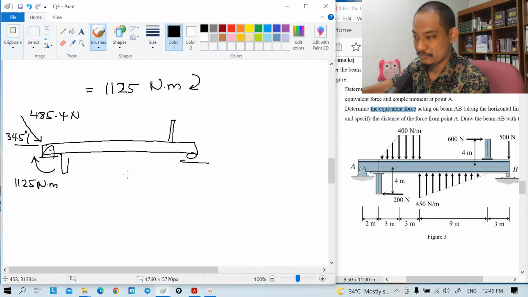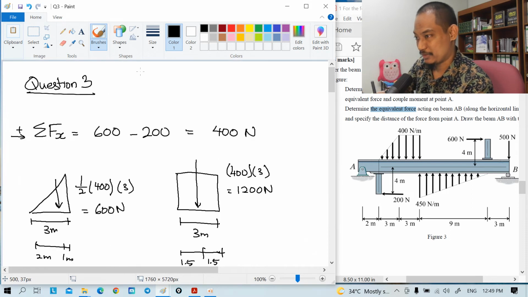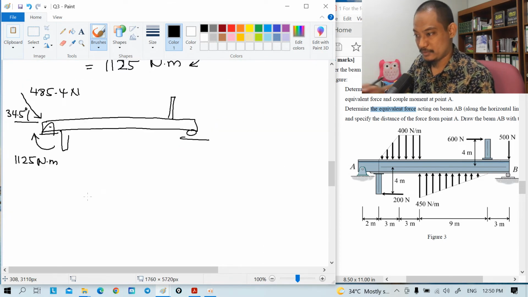Okay, so that's basically force and couple moment at point A. And then part B, so we have only, okay, this is part A, right? Part B.